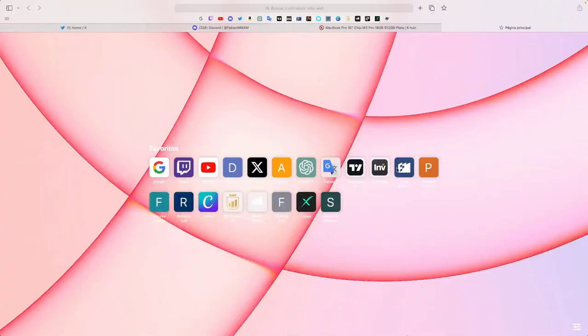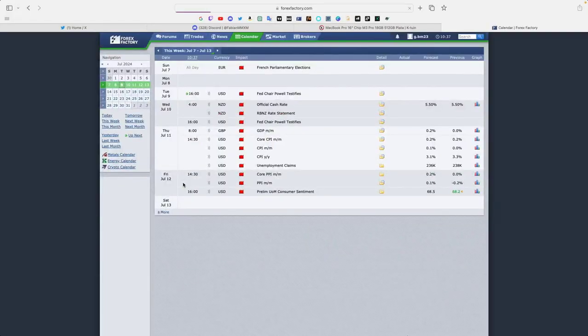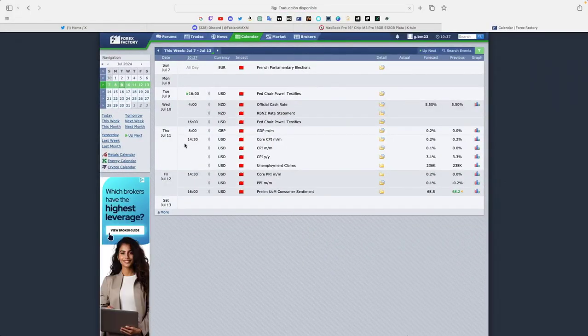The real move will happen here, Thursday, 8 AM. We also have a GDP on GBP that we can trade before 2:45.